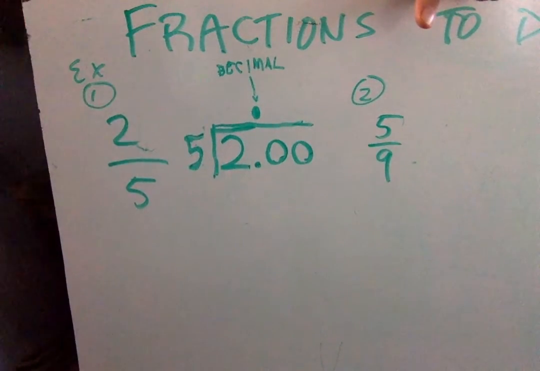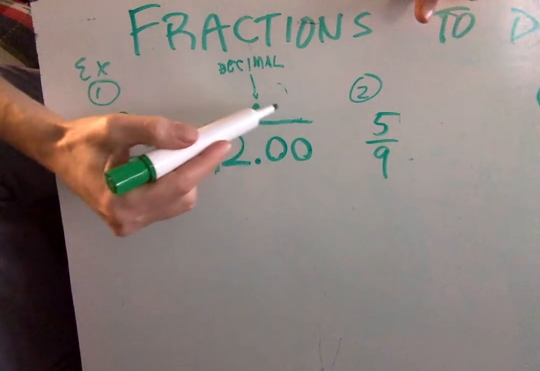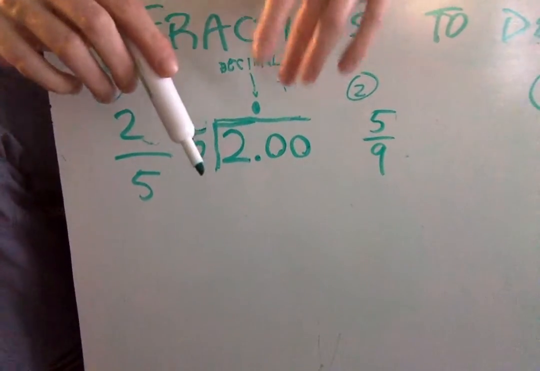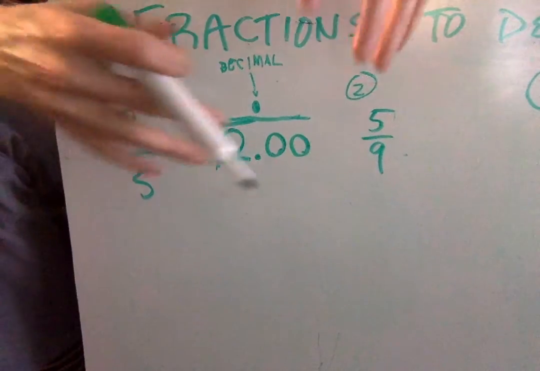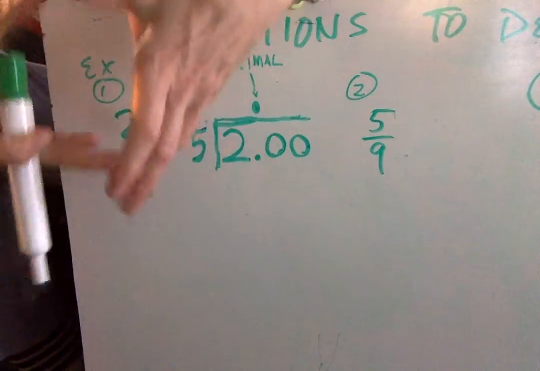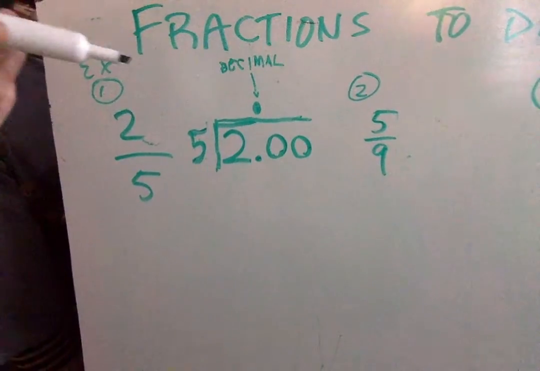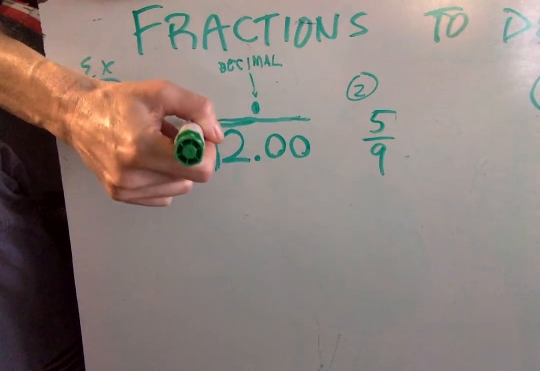All the numbers on that side are the whole part. And on this side of the decimal, those are the fractional parts of your number. That's what the decimal is, a placeholder between the full parts that are whole numbers, integers, and the fractional parts. So you ask yourself, how many times does 5 go into 2?